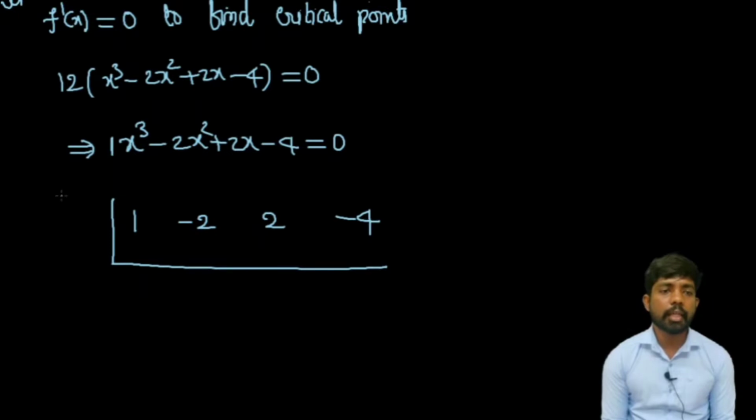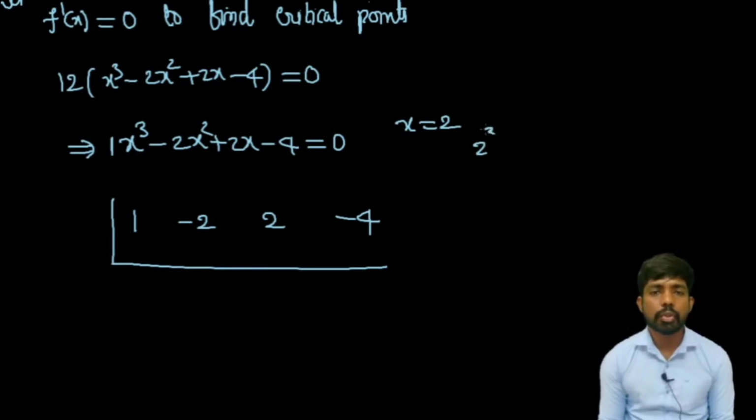Here on the left side we have to consider one root. Okay, let us consider randomly. If I put 1 in this equation, will it become 0? No. If I substitute minus 1 in the place of x, will the entire equation become 0? No. If I put x is equals to 2, so 2 cube minus 2 into 2 square plus 2 into 2 minus 4.